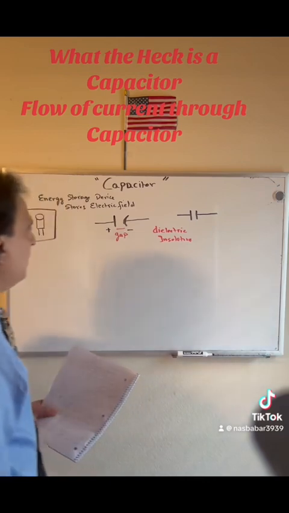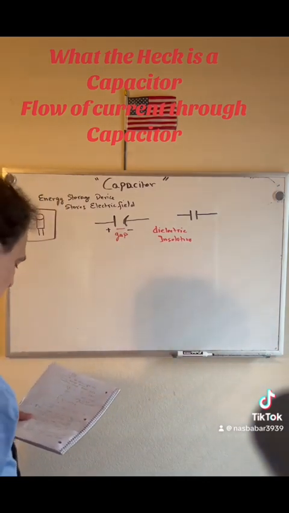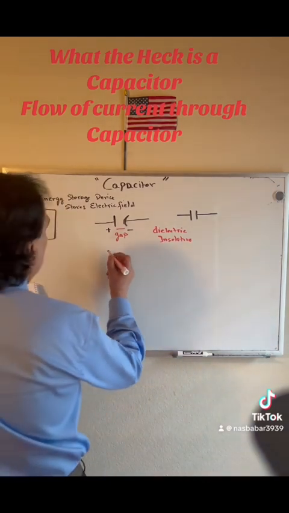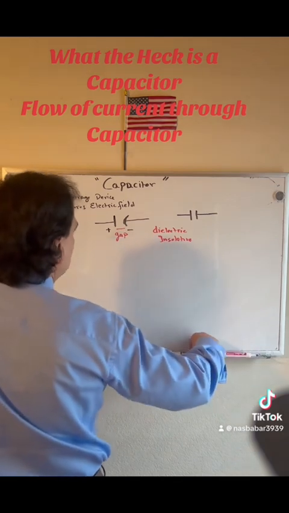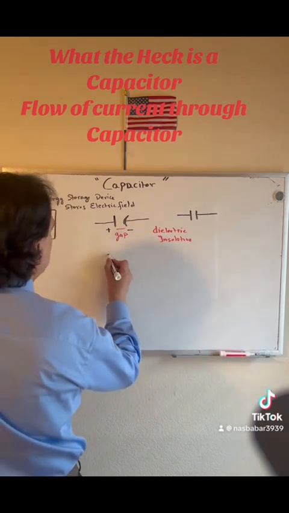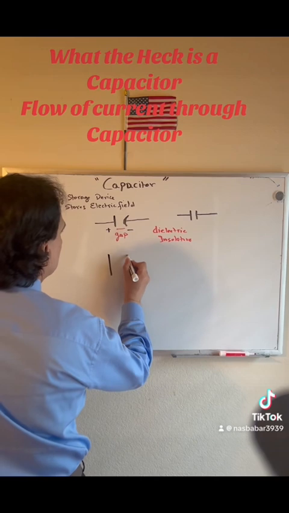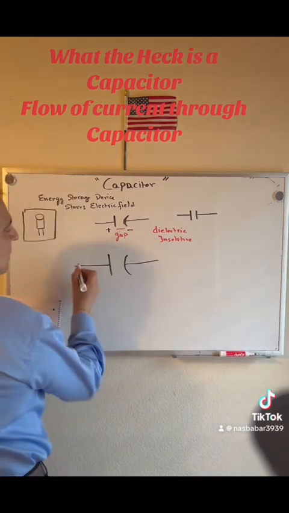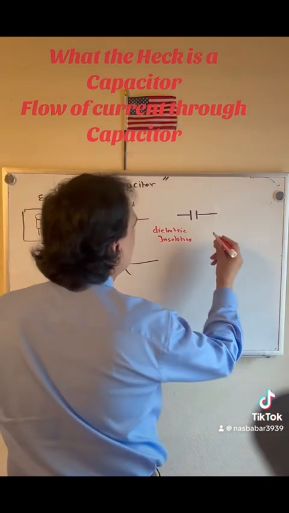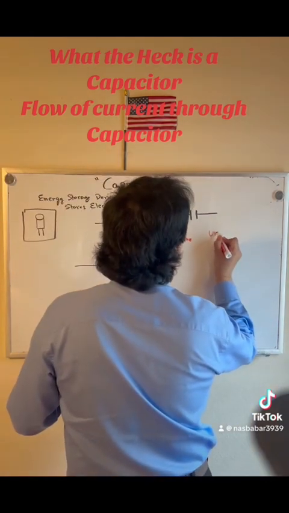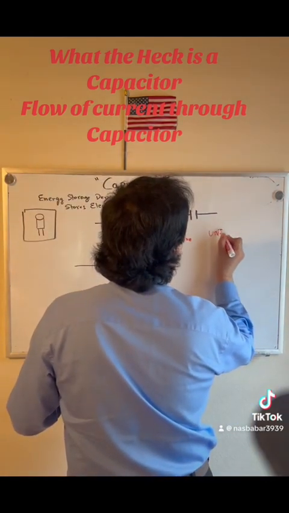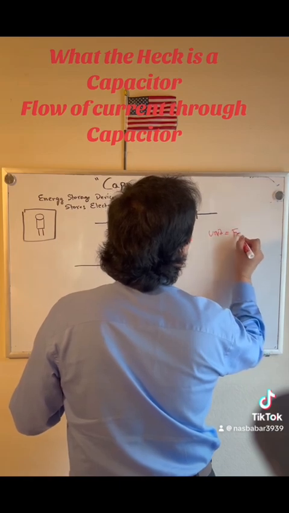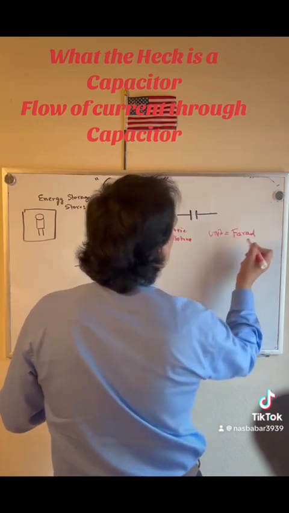So let's say we have this capacitor right here. I'm drawing it big. By the way, the unit of capacitance is the farad, F-A-R-A-D.